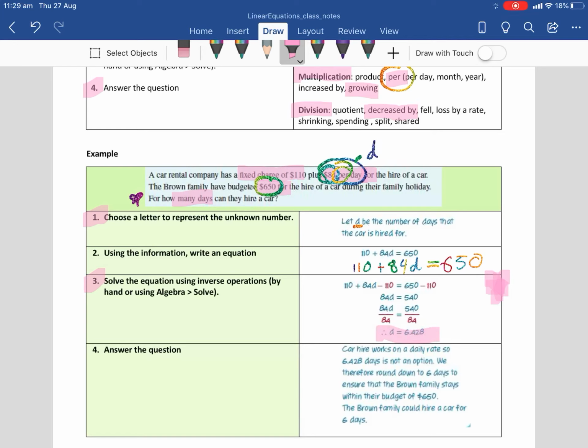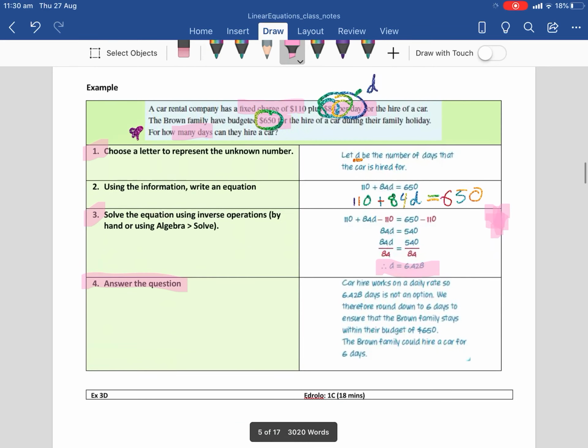Now, answer the question. It's really important that you answer with a full sentence, acknowledging the whole scenario. For example, the car hire works on a daily rate, so 6.428 days is not an option. We therefore round down to 6 days to ensure that the Brown family stays within their budget of $650.